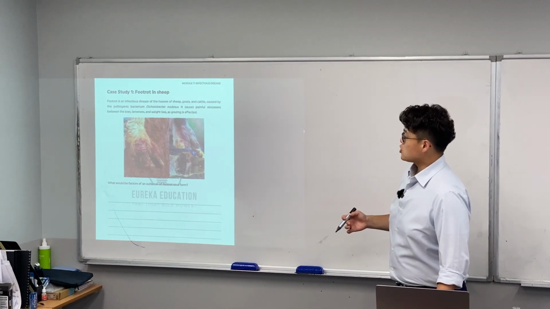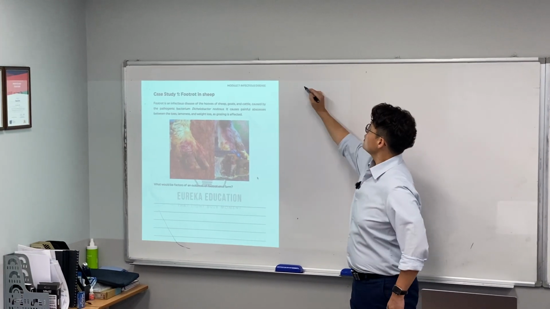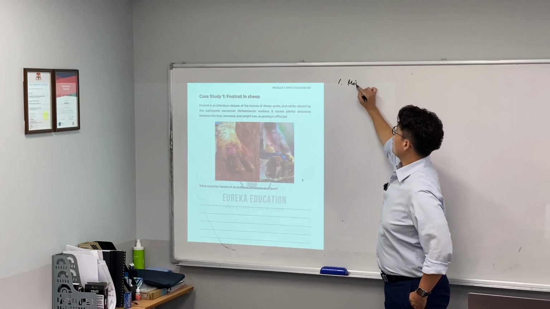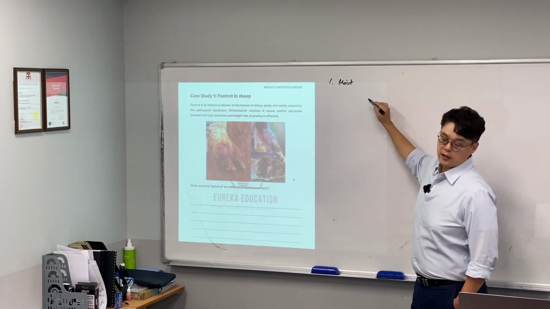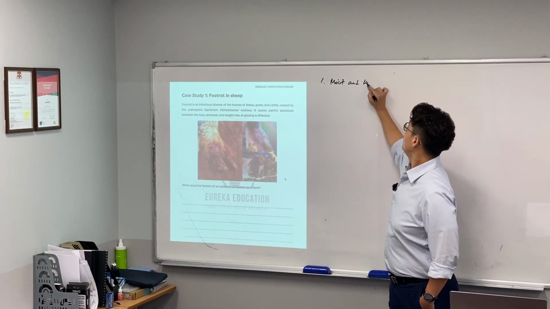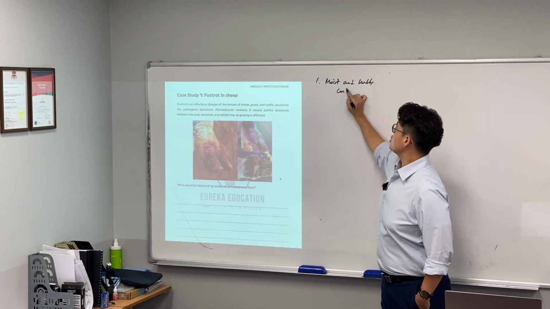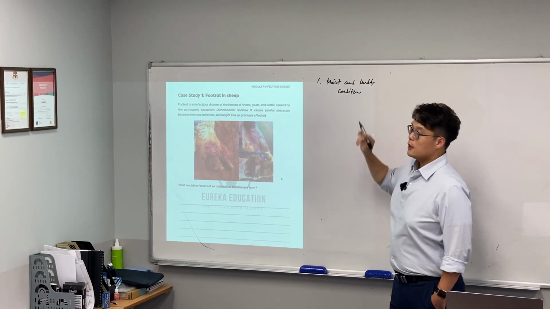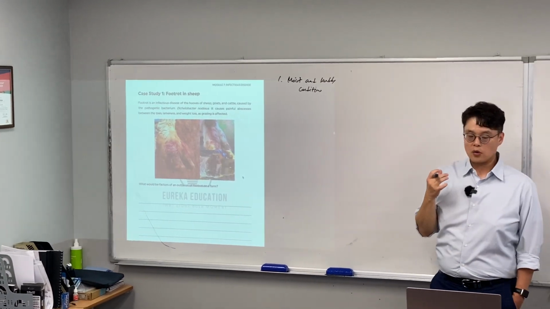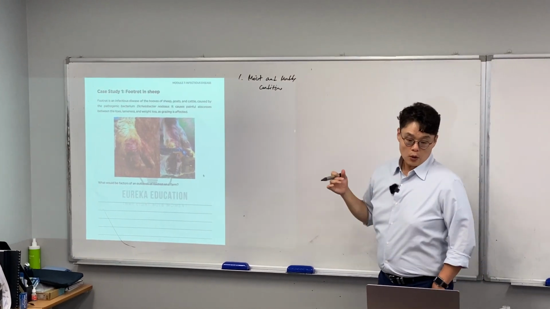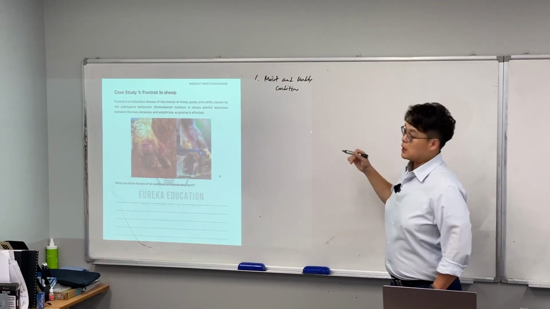Most of those livestock having foot rot is because they are living in a very moist and muddy environment. This is one of the prime factors for bacterial growth, because wet, muddy and damp environments mean what?